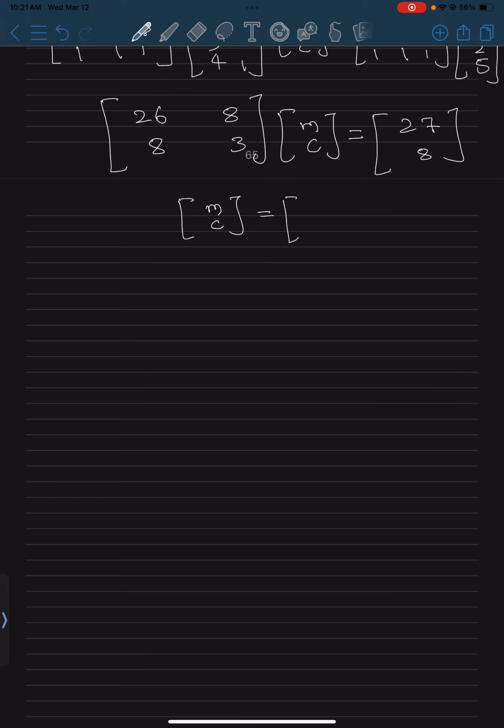So you go ahead and take the inverse. You are so excited now. You just want to see what's going on, how it's being solvable, and then you get this m, c. Now you just take the inverse. We know how to take the inverse: 1 by the determinant, which is 26 times 3 minus 64.